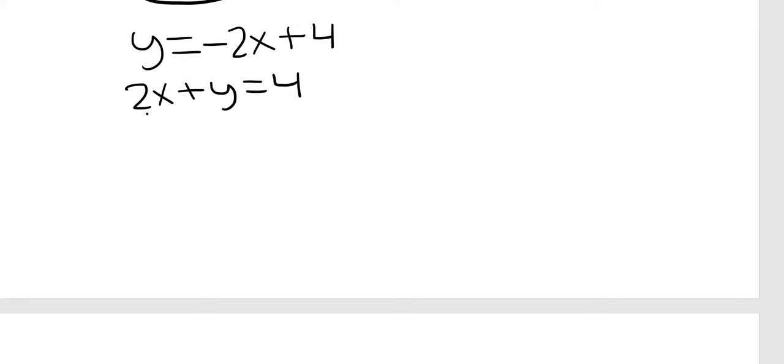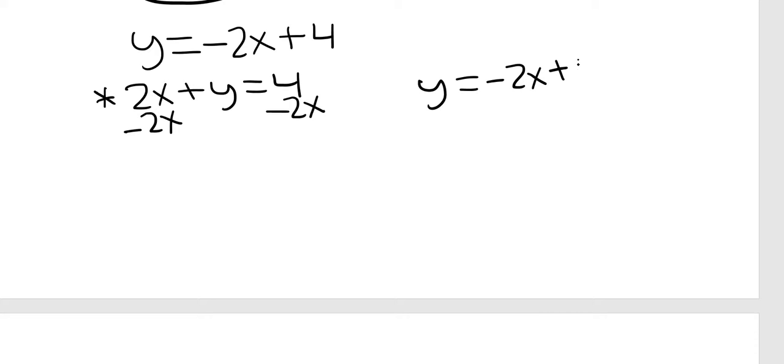You can see that if we were to solve the second equation for the y, these two are really the exact same line. So we wouldn't have to do the substitution here. Instead, we could say we know that they are the same line, so there would be infinitely many solutions.